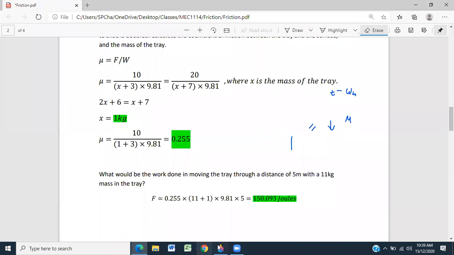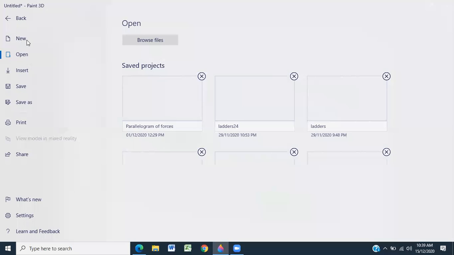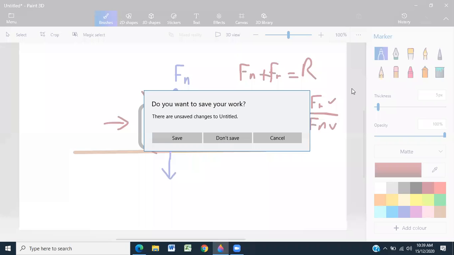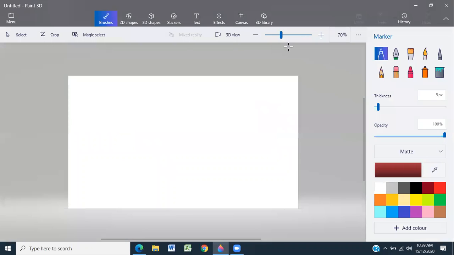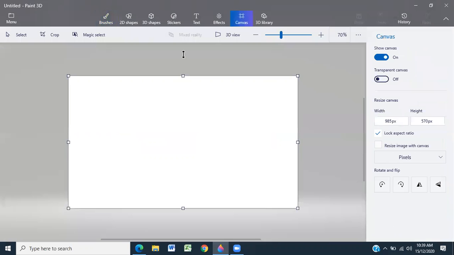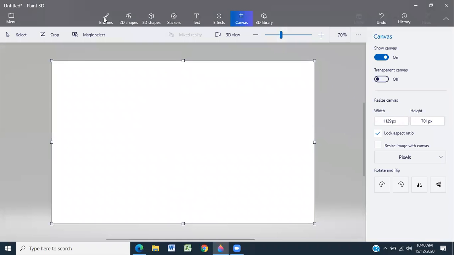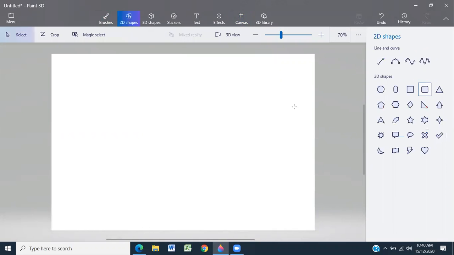Let me open up Paint. Maybe I was moving a bit too fast. No worries. Some space here. Maybe this is a tray.